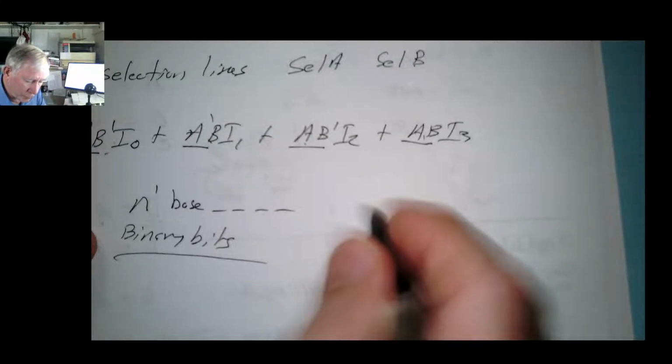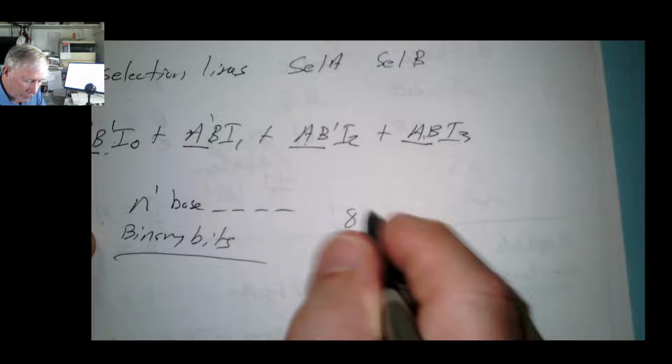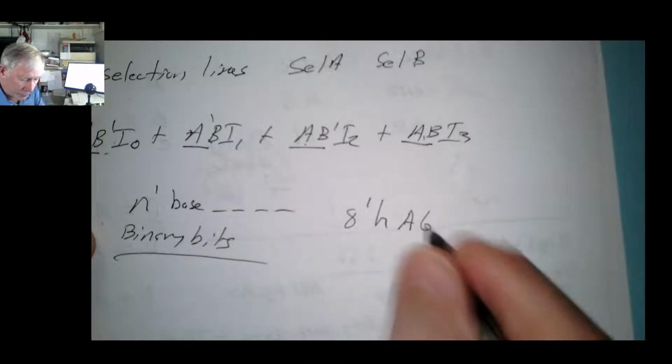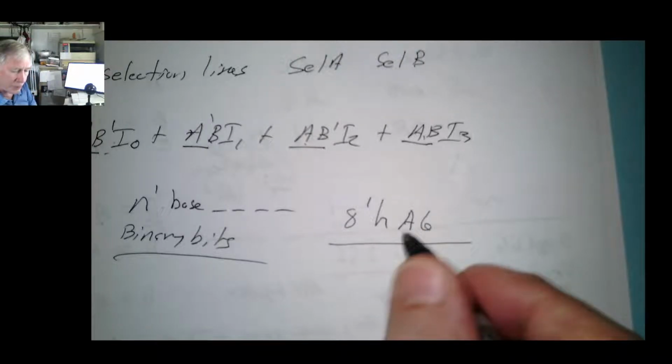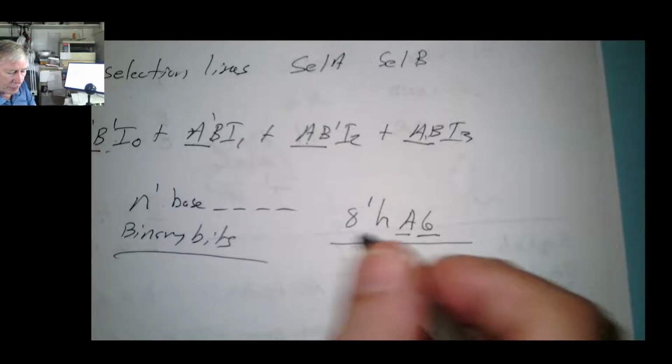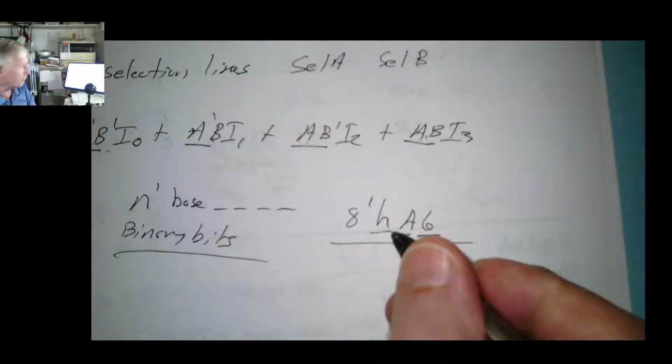So let's say if you wanted to do 2 hex digits, then you would do 8 tick H, and then you could do, say, A6. And that would be A6 in hex. 4 bits for A, 4 bits for 6, and that gives you your 8 bits, and the H means hex.